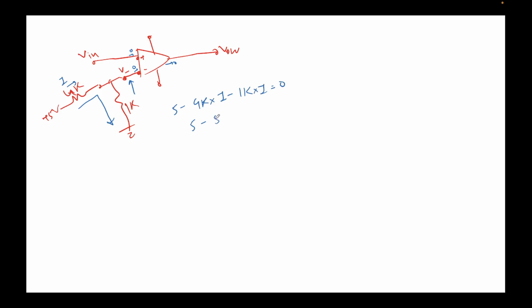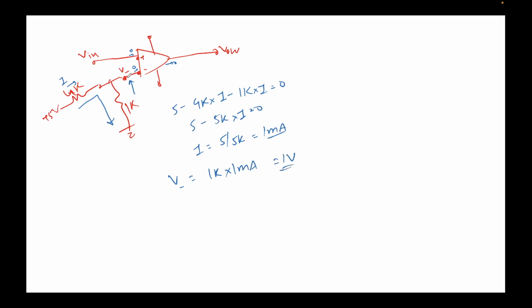This means 5 minus 5k times I equals 0, so I is 5 over 5k, which is 1 milliamp. Now I need the voltage here. V minus equals 1 kilo ohm times 1 milliamp, applying Ohm's law across this resistor. This comes out to be 1 volt.